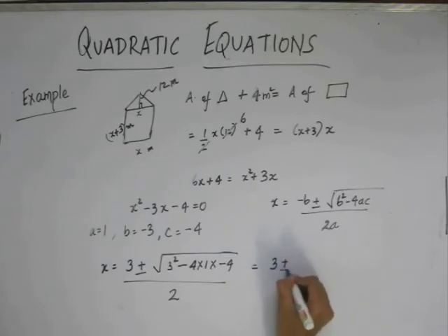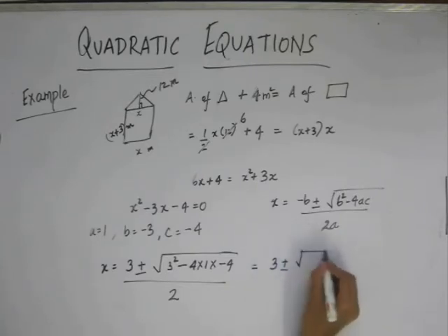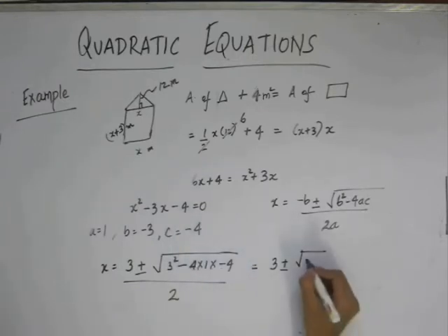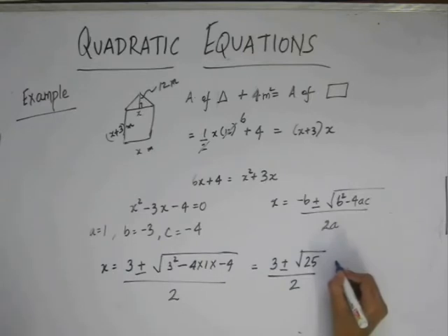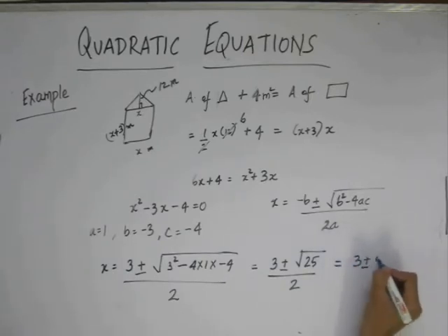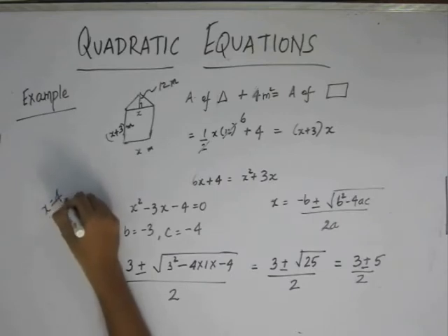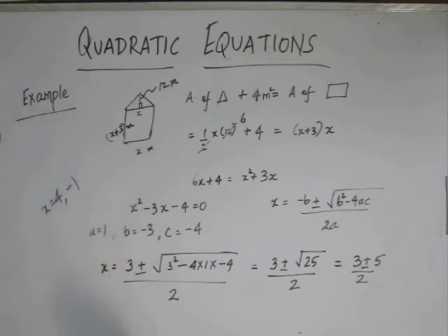This is equal to 3 plus or minus root of, this becomes 9 plus 16, which is equal to 25, by 2. From this, we get the solutions of x as 3 plus 5 by 2 and 3 minus 5 by 2. So x will be equal to 4 and minus 1.